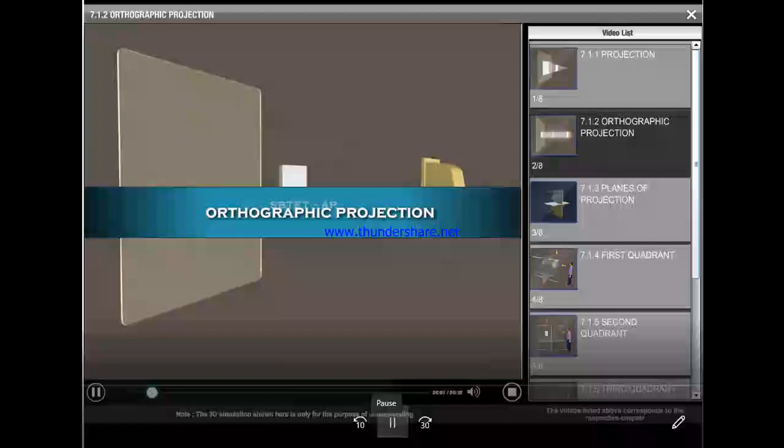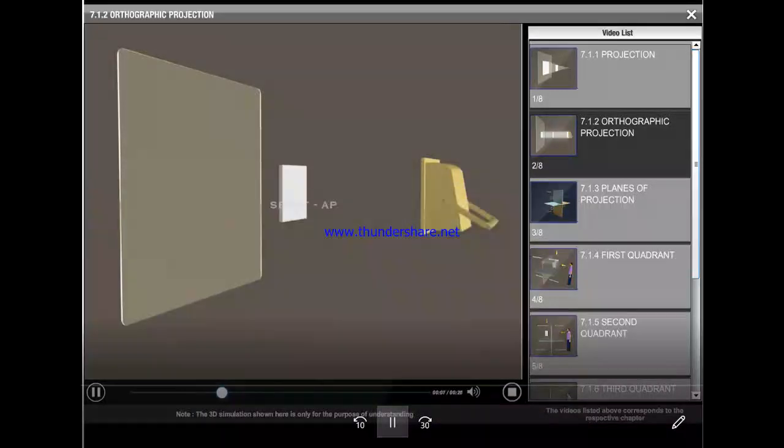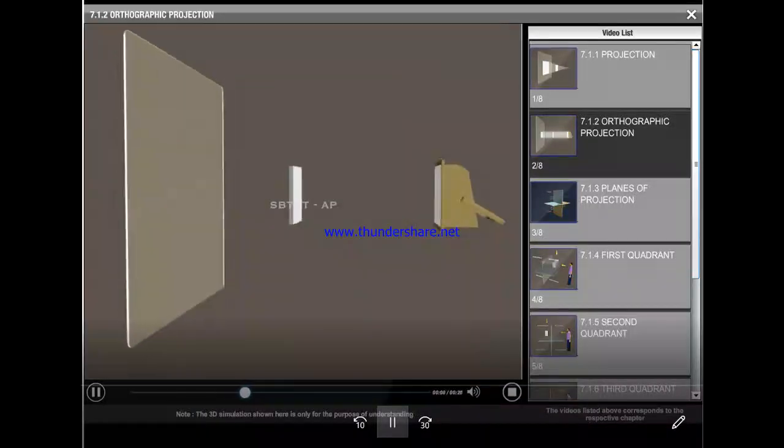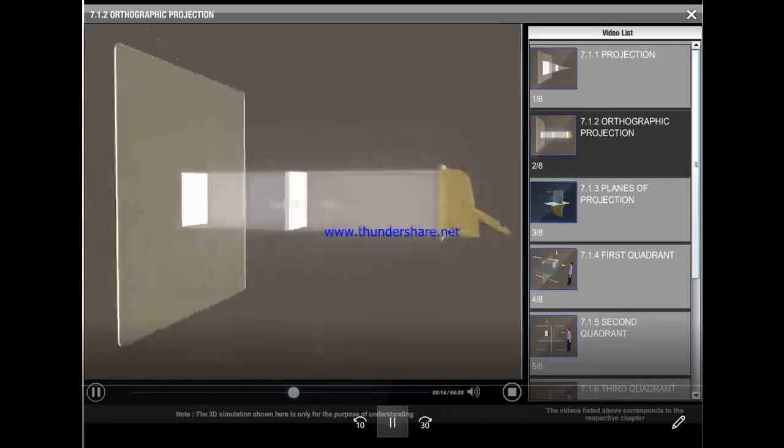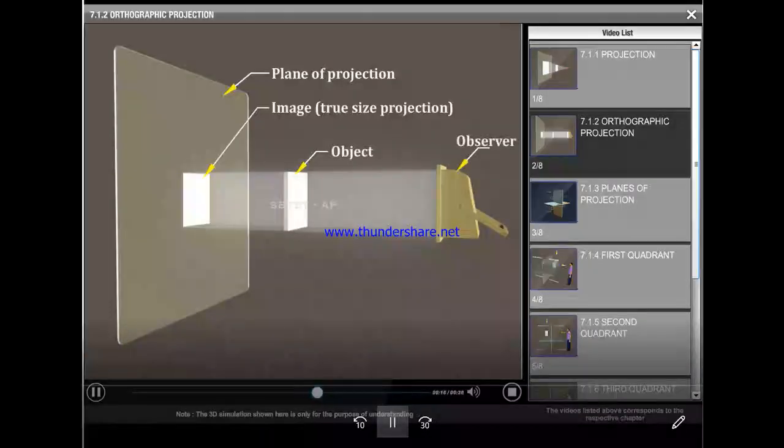In this video, let us consider the concept of orthographic projection. It is a projection method in which the rays of sight are parallel to each other and perpendicular to the plane of projection. The image will show the true size of the object. We will discuss the planes of projection in the next video.